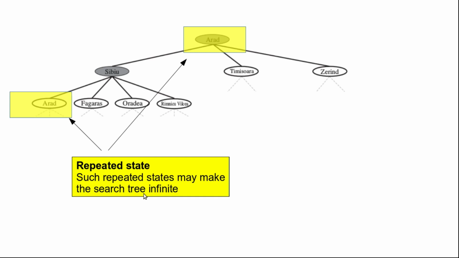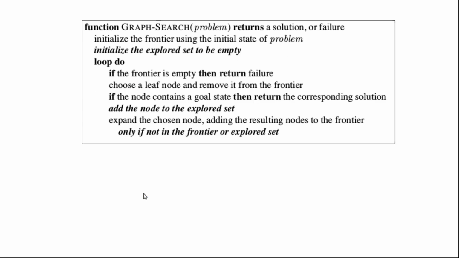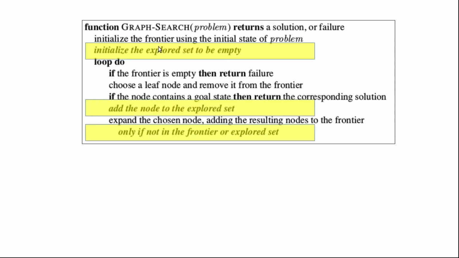So how can we solve this problem? The algorithm that solves it is called the graph search. Again, a search algorithm which takes a problem as input and returns the solution. And what this algorithm does is it maintains something called an explored state.